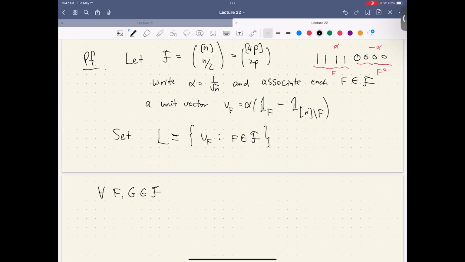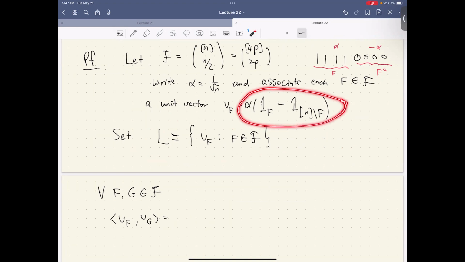We can see that if you take the inner product, this equals what? We have to multiply this with V_F. So it equals, let me write it down first, take out the scalar, we have alpha squared times something.